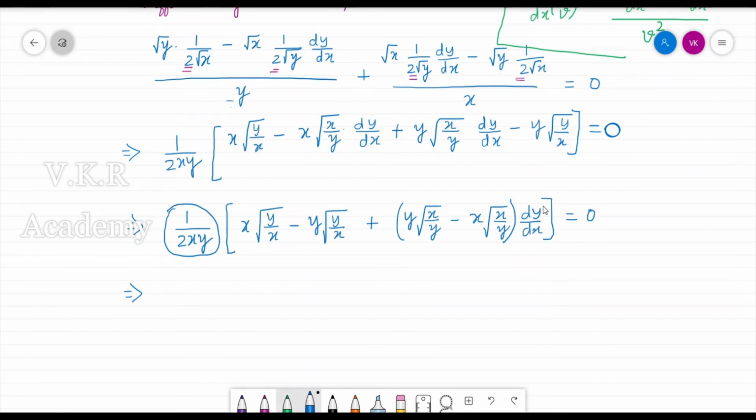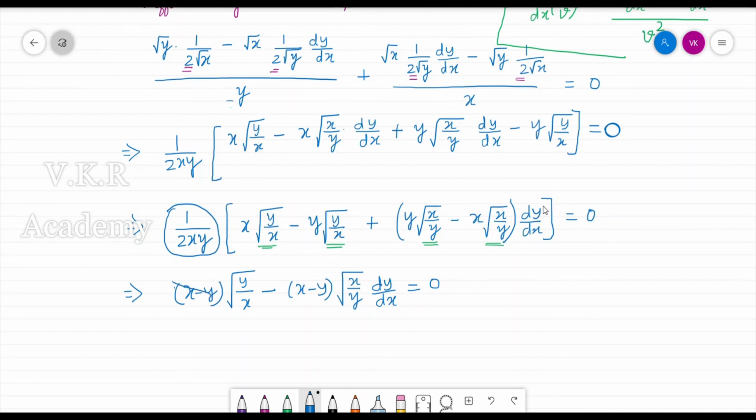Picking root of y by x in common between the first two terms and root of x by y in common between the next two terms, we get x minus y into root of y by x plus, or we can say, minus x minus y into root of x by y dy by dx is equal to 0.